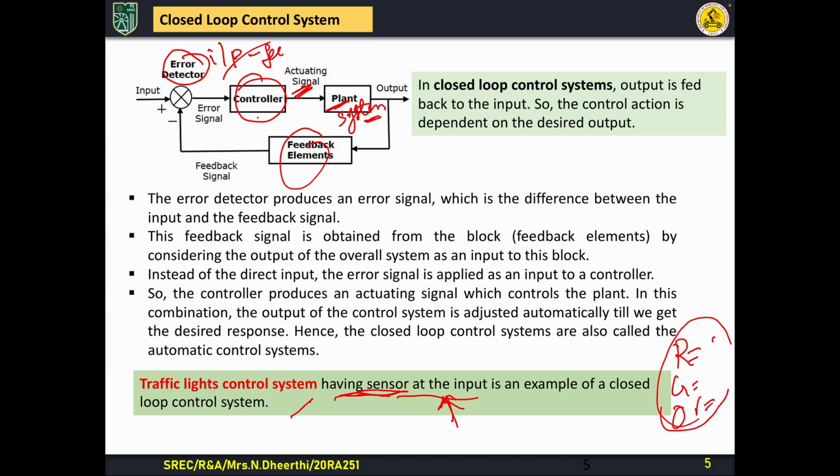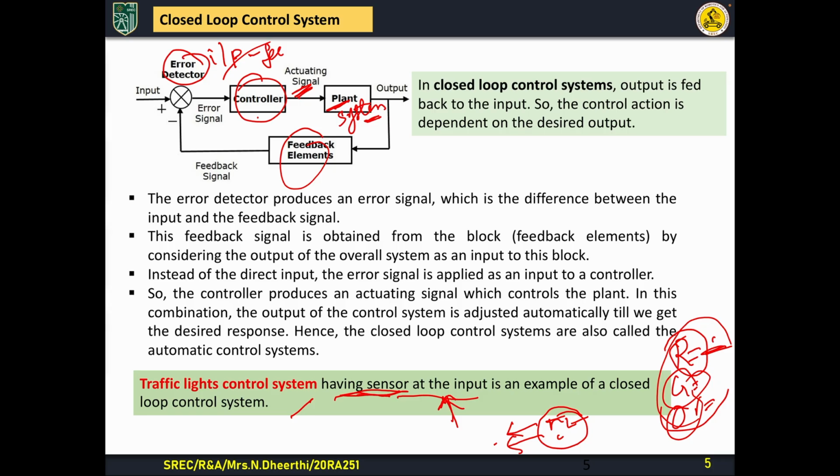The real-time data, like traffic density, is obtained by the sensor. If the density is too large, with a large number of vehicles, or else the number of vehicles is too low, then based on the sensor output, the red, green and orange lighting seconds get varied.